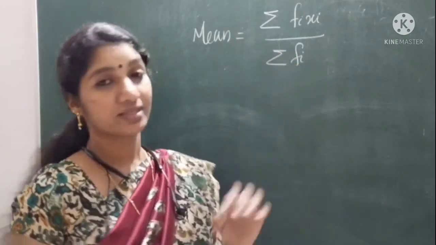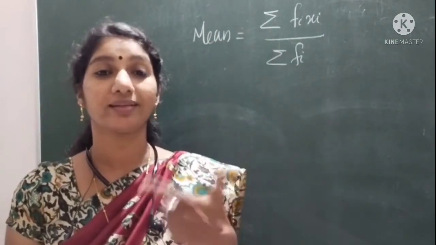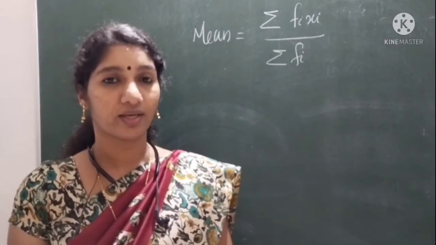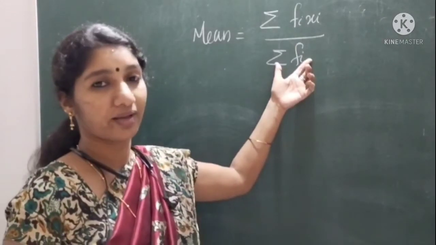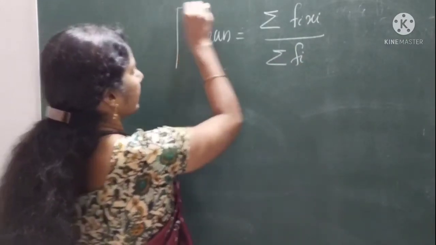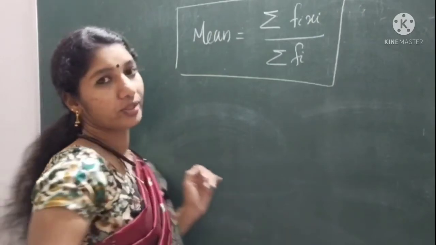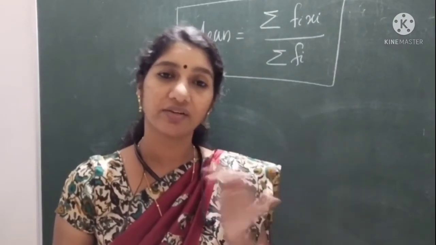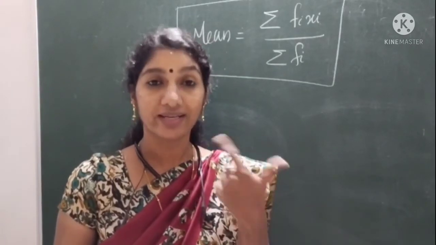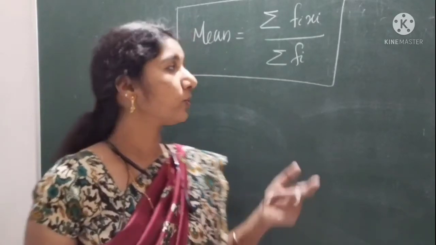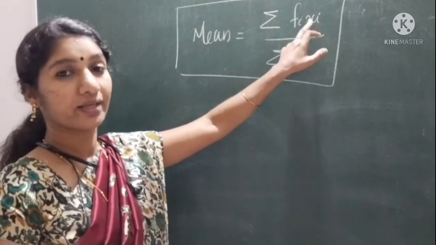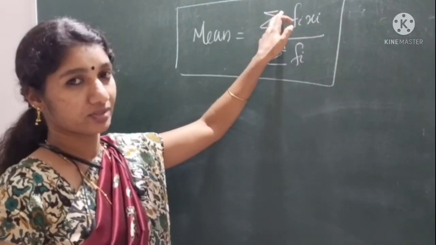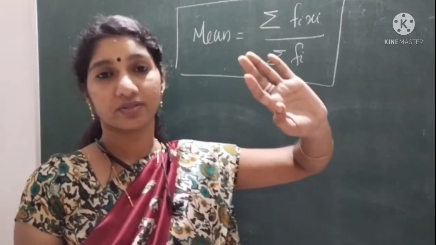The sum of all fi means the sum of all the frequencies added to get the total number of observations. That means capital N is sigma fi. So this is for finding mean. It's not a new equation. We just wrote the same, sum of observations divided by number of observations. So to find the sum of observations, we can multiply xi into fi and find the sum of all the values. Then we will get the total sum of observations.